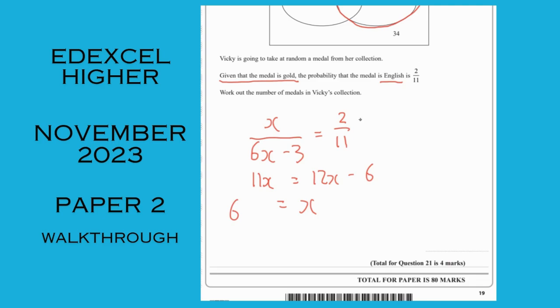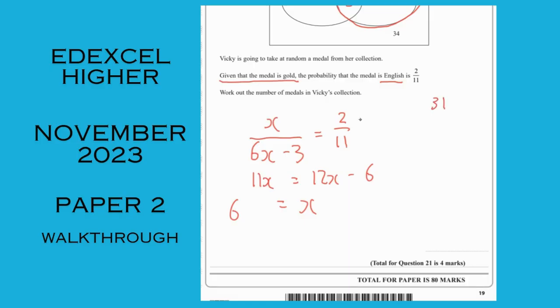But it doesn't ask for that. It asks for how many medals are in the collection. So x is 6. 7 6s are 42. So take away 11. 31 in that circle. We've got 5 6s are 30, so 27 in that circle. And we can now add them up.